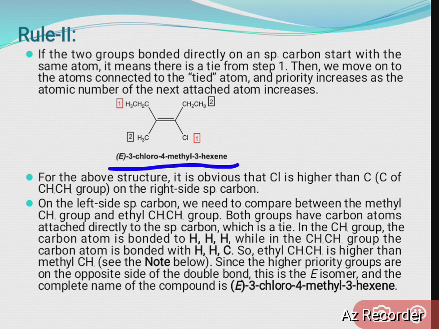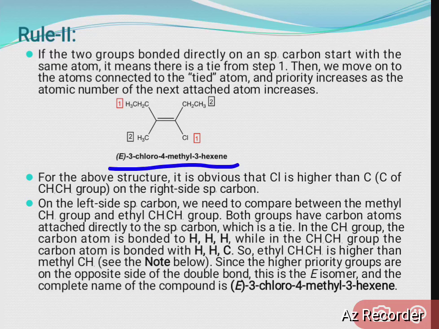In the first rule, it says depending upon the atomic number of the atoms attached to the double bonded carbon atom, we are going to prioritize. But in case of rule 2, if the two atoms attached to the carbon atom involved in the double bond are the same, then we are going to prioritize with the next attached atom.